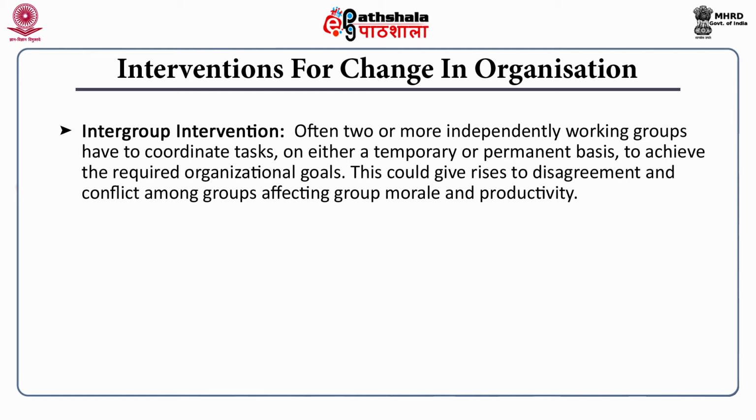Where there is competition among groups, it may give rise to tension and conflict, and each group may perceive one other as an enemy. To resolve such intergroup conflicts, many strategies are adopted in organizations, like increasing the interaction and communication between the groups and identifying a common enemy and so on.